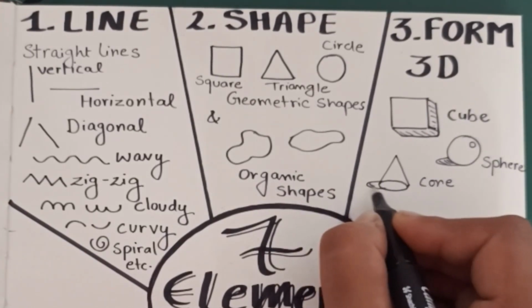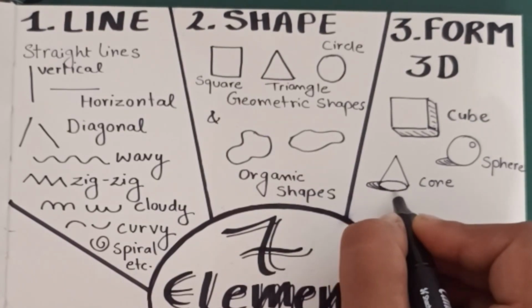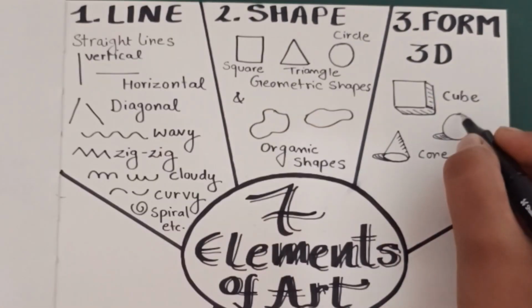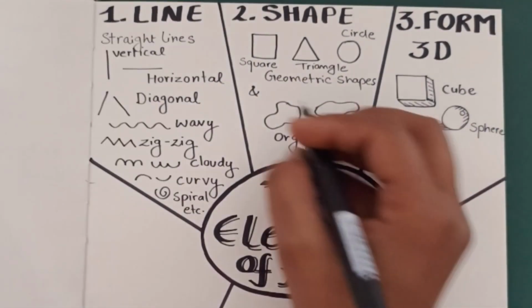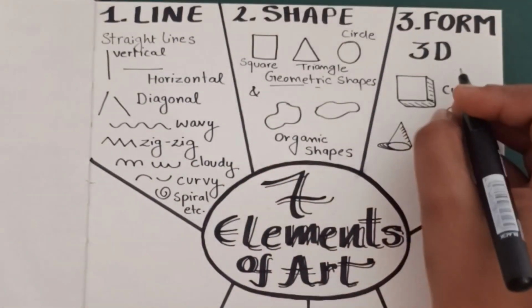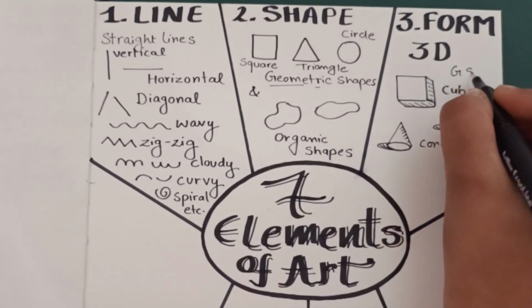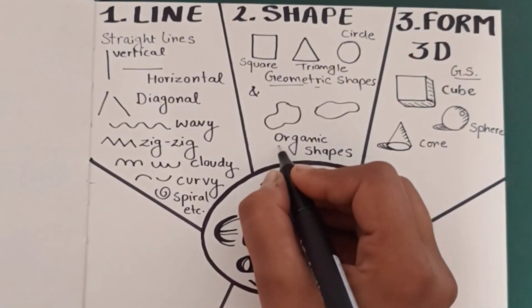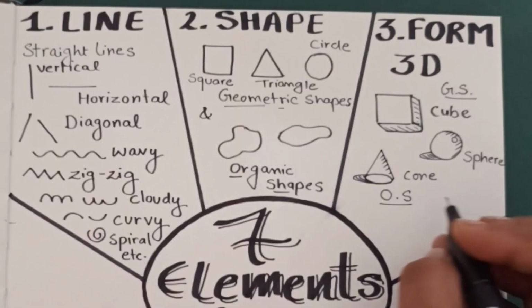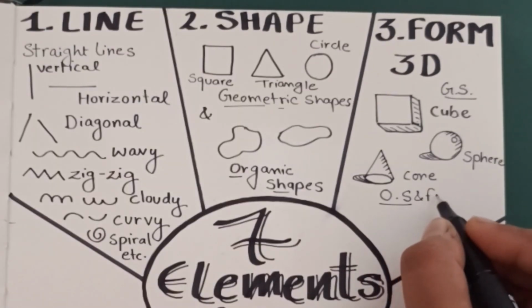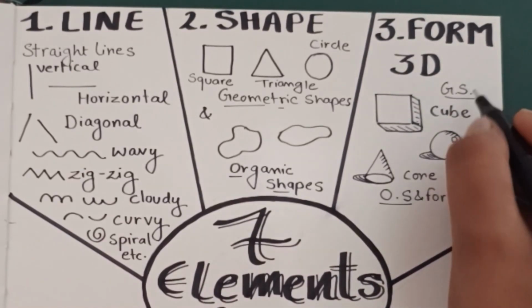And if I say asymmetric shapes having a volume, suppose you have any slime of random shape, that will become 3D. It has a volume, you can feel it having a volume inside it. But if you make it 2D, it will become a shape, and it can be organic also.